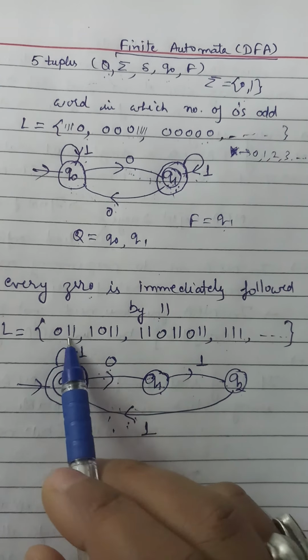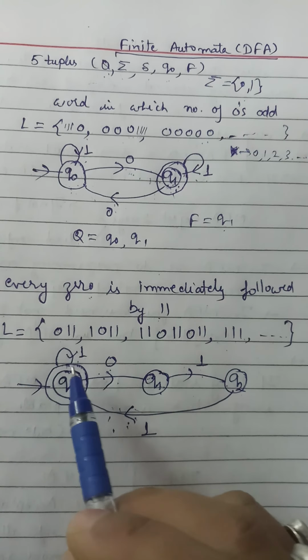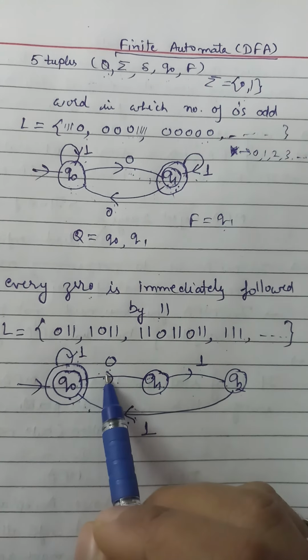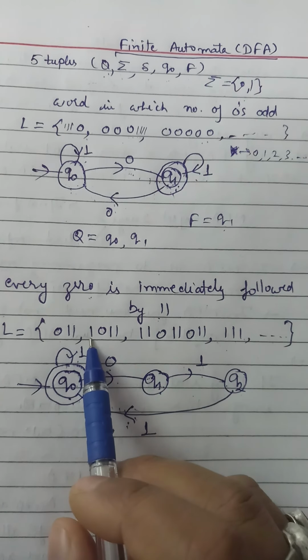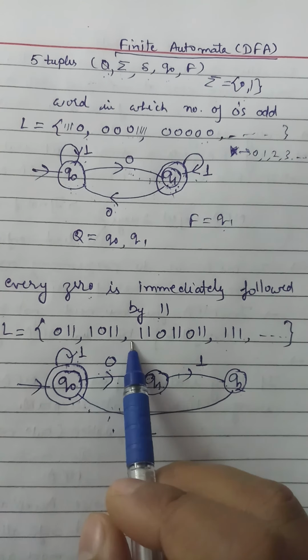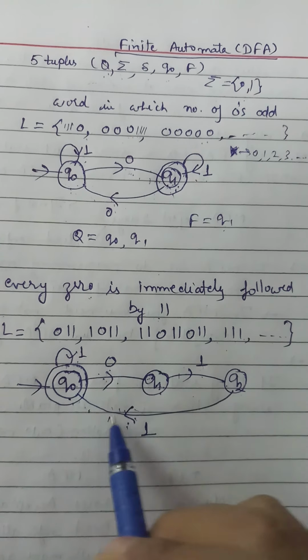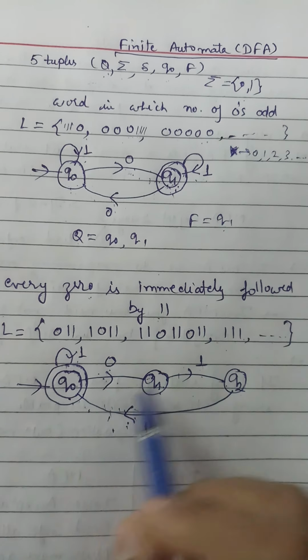The language can be 011, if the loop does not run. If 1 runs one time, we get 1, and after that 011. If 1 runs two times, we get 11, and after that 011, and again if it runs, then 011.